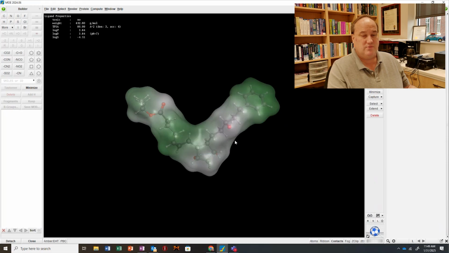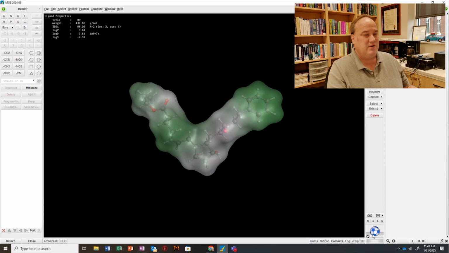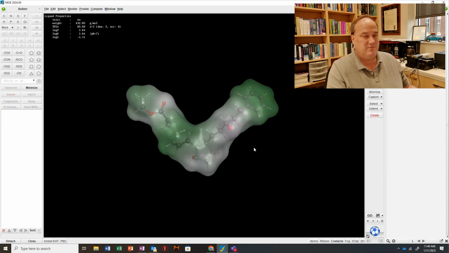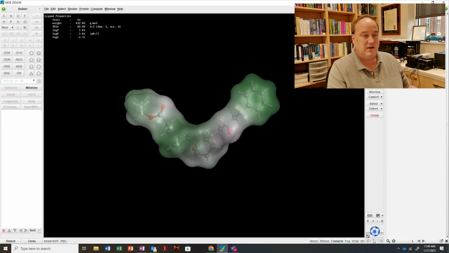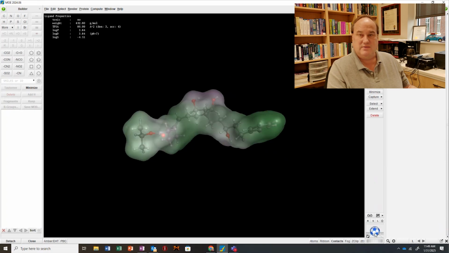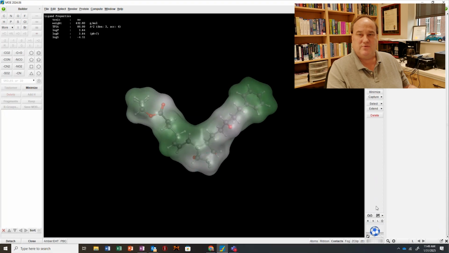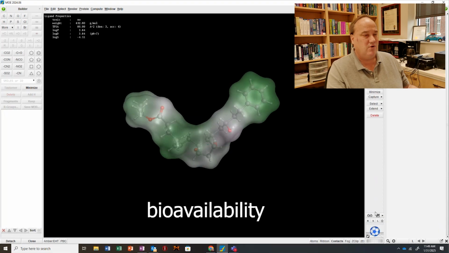And we can just change those colors. Look how green this is. Oh my God, this is very green. There's a little bit of very light purple around some of the hydroxyls, but not much. This compound is very hydrophobic, and it's important because lipophilicity determines what's called the bioavailability of a drug.